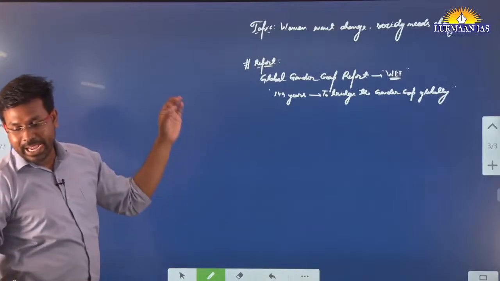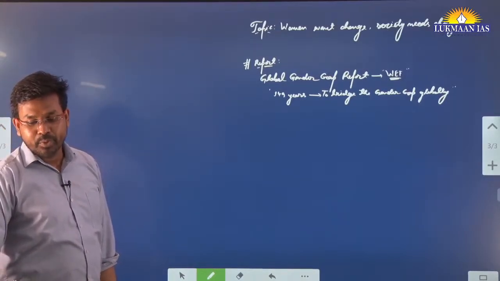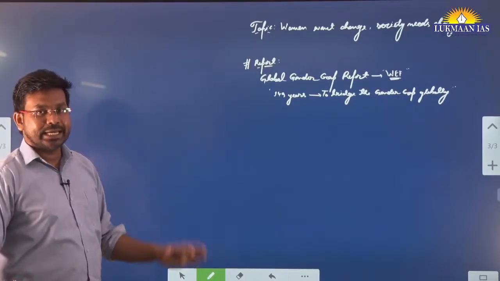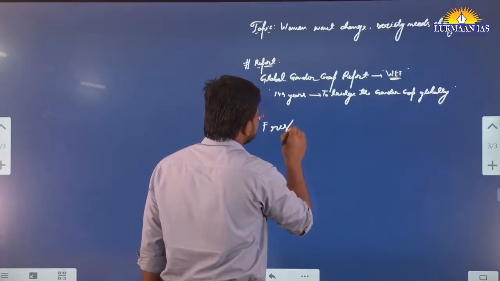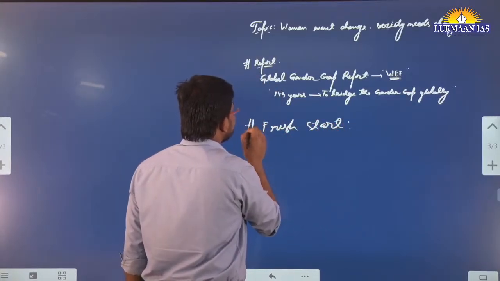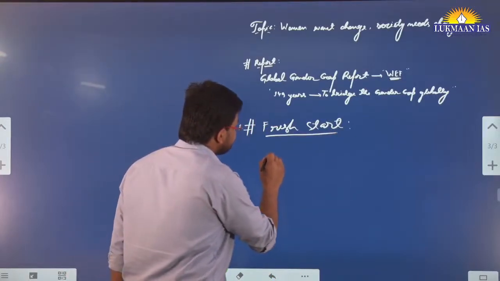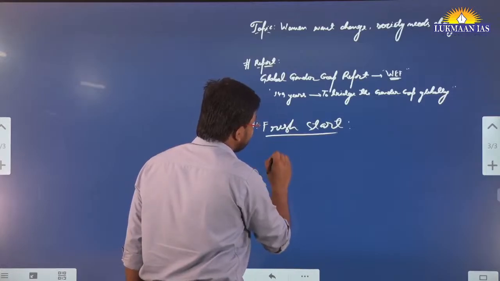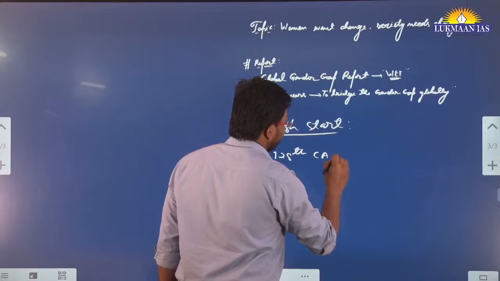After highlighting this, the author has said that we need a fresh start. Why do we need a fresh start? So that we can reimagine bridging the gender gap. For that, the author has discussed the 128th Constitutional Amendment Bill.